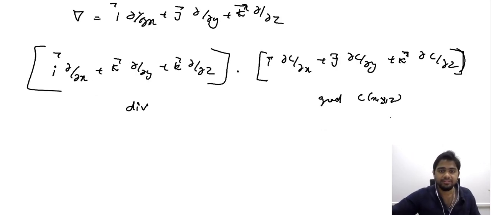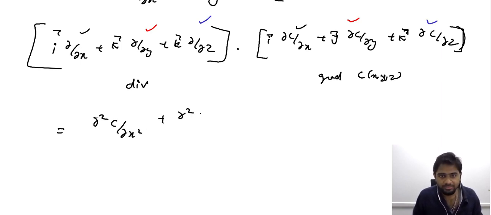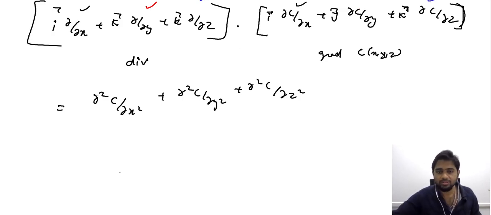Now when you consider the dot product of these two, all that we need to do is couple these two and multiply them, and when we do that, what we end up having is dou square c by dou x square plus dou square c by dou y square plus dou square c by dou z square, and ultimately this can be represented as nabla square c.